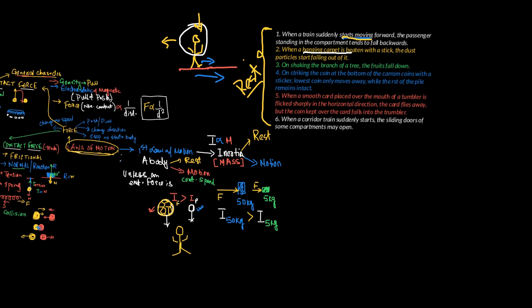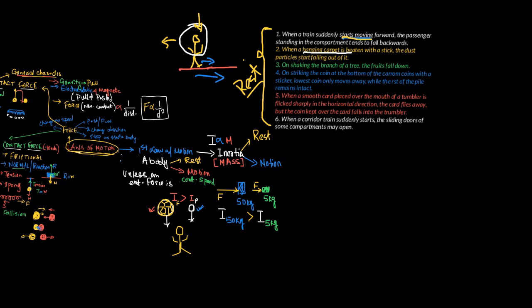They want to stay in the same state until and unless some external force acts. Here I'm not putting any force on the fruit, but I'm putting an external force on the tree or the branches. So the branches start moving, the fruit wants to be in the same position, but when the branches move, the fruit falls down, right? So initially this was at rest. So this is inertia of rest.